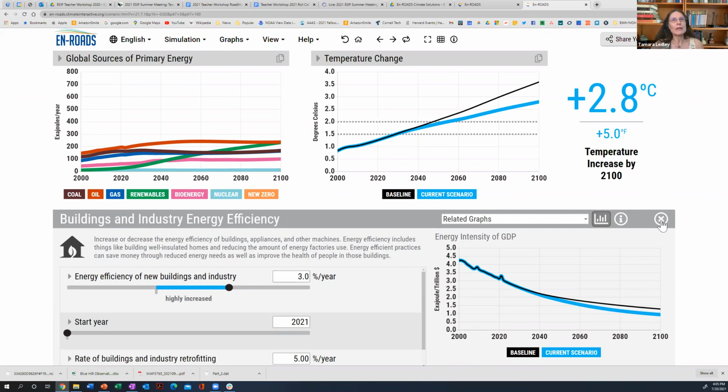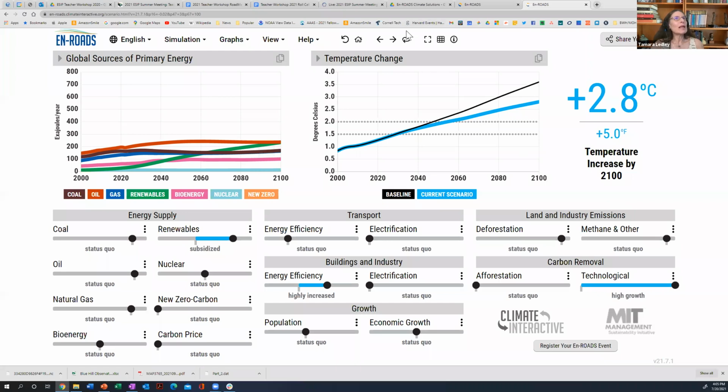If you replay this change, you can see all of these go down. And the reason is that by increasing energy efficiency, you're having less demand on energy.